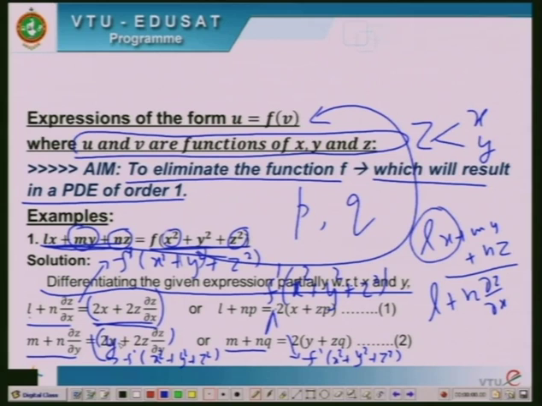So, how to form the PDE? The aim is to eliminate the function f from the given relation. So, just divide equations 1 and 2. What happens if you divide equations 1 and 2?